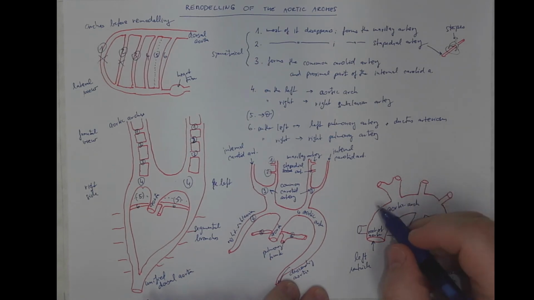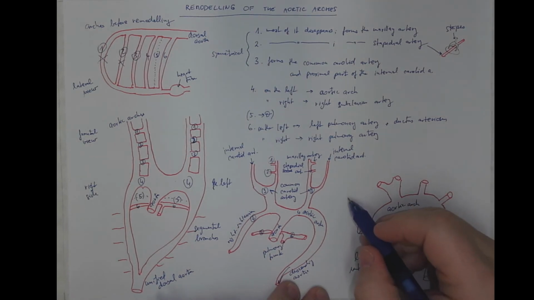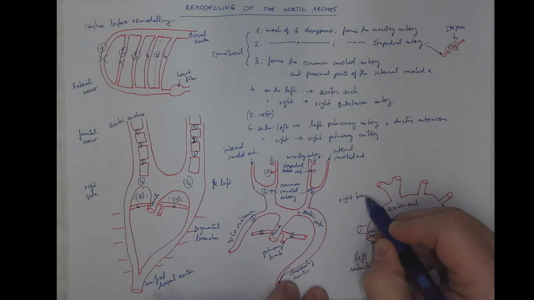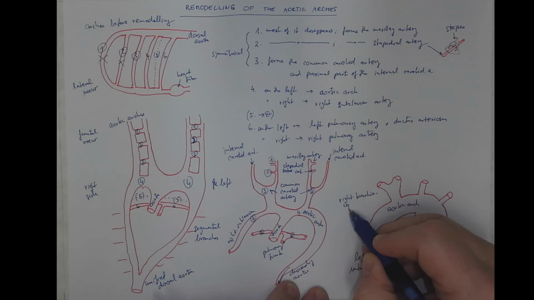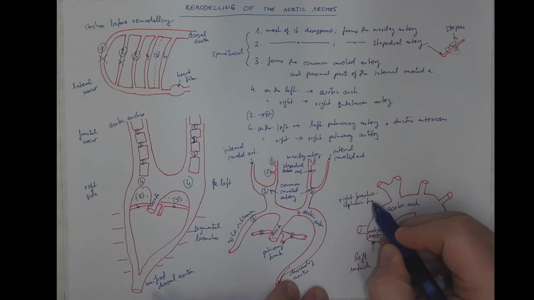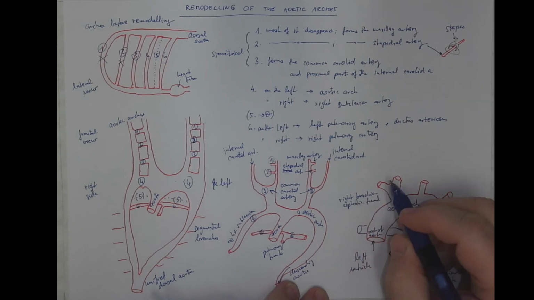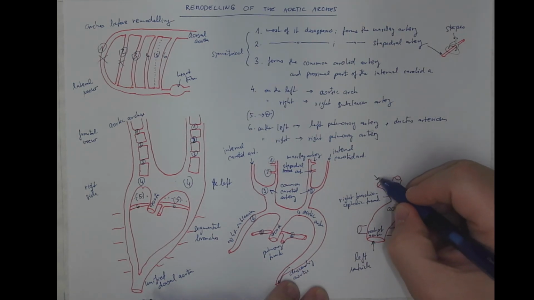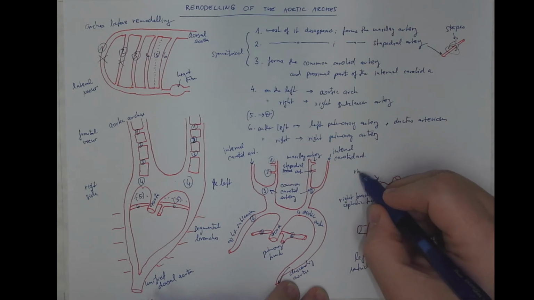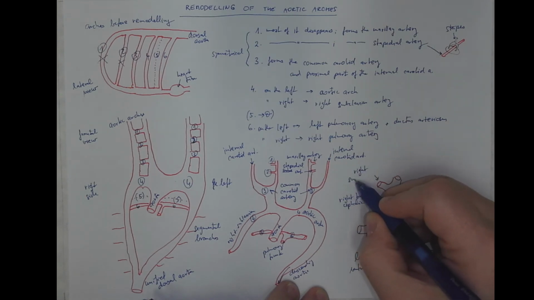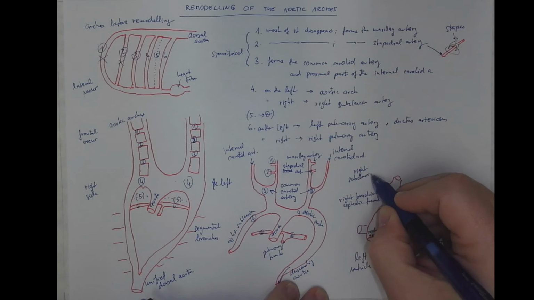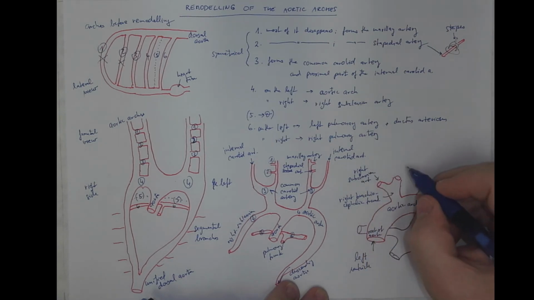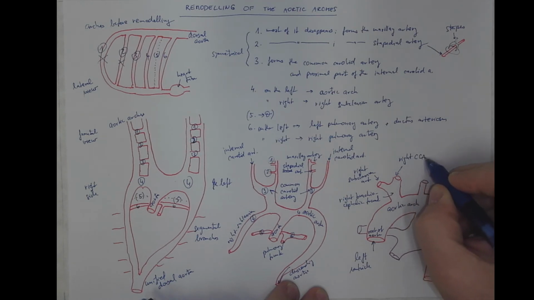The aortic arch has the following branches: the right brachiocephalic trunk, that divides into the right subclavian artery and the right common carotid artery.